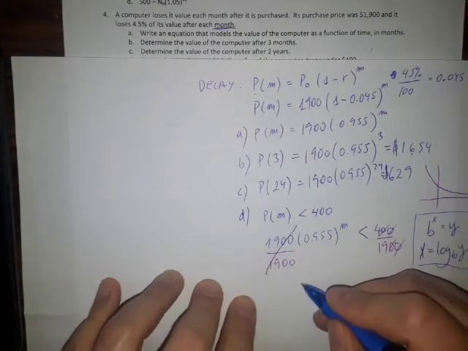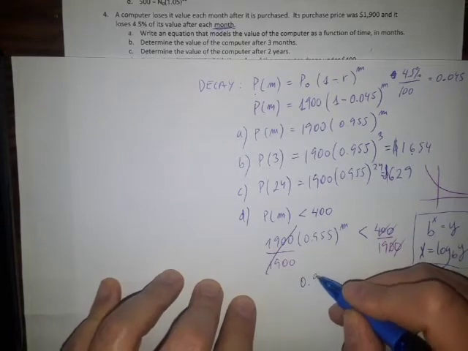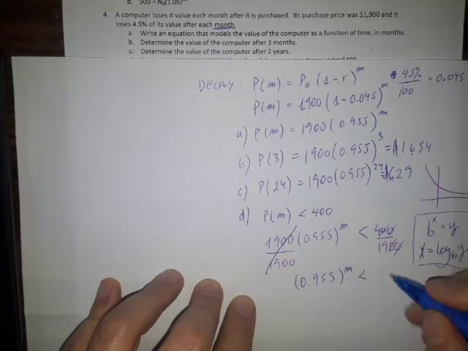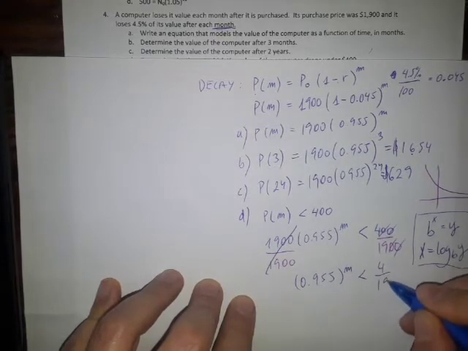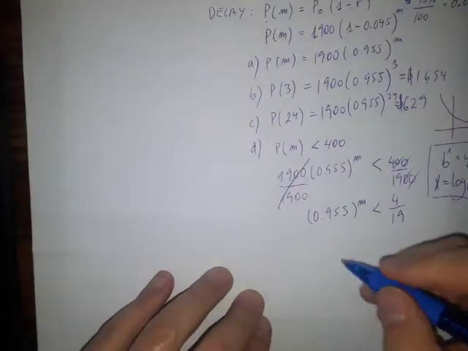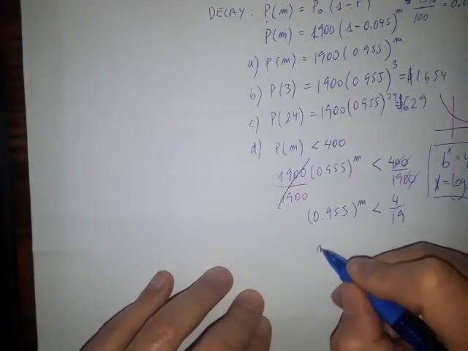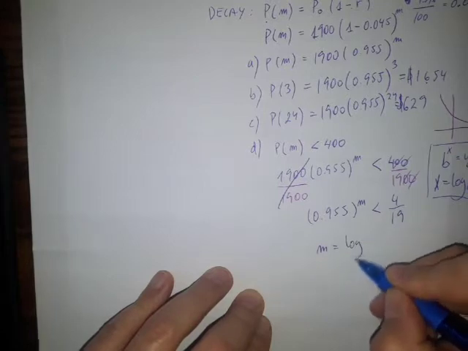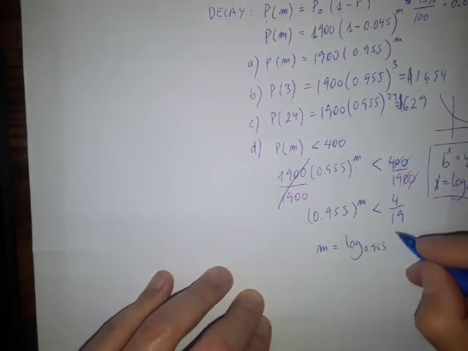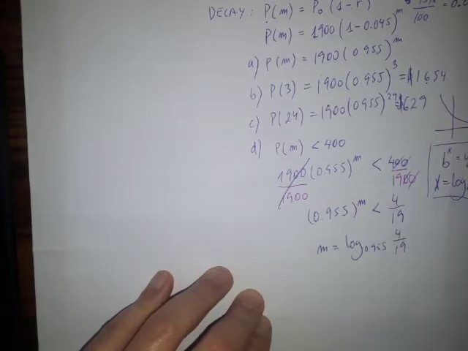This cancels out. We're going to have 0.955 to the power of m less than 4 over 19. Then we apply the log. When we apply the log, m equals log, now the base, 0.955, and then 4 over 19.